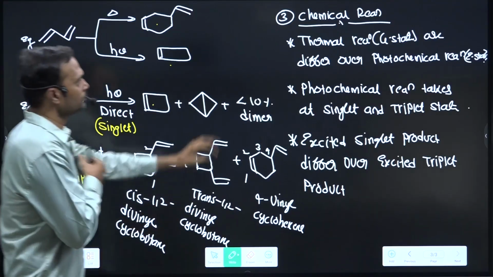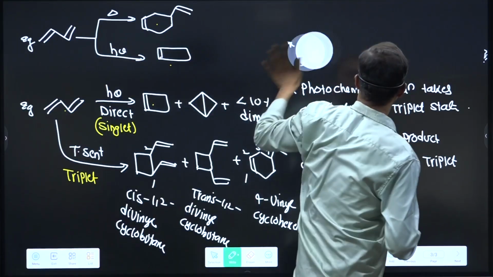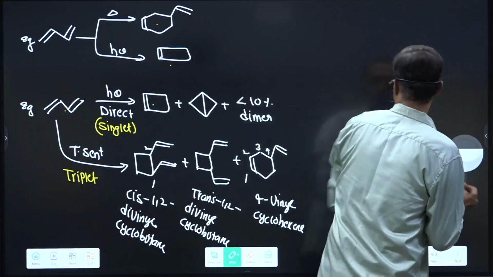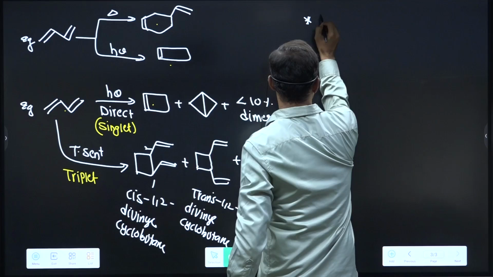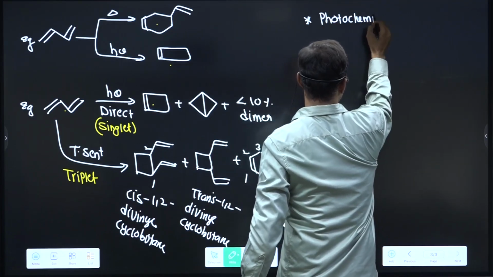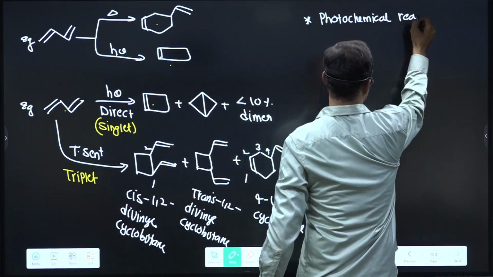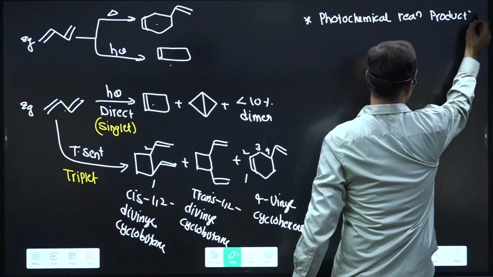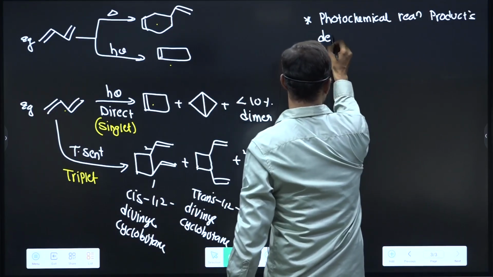Right. See, write one point. Photochemical reaction products depend on the irradiated wavelength.